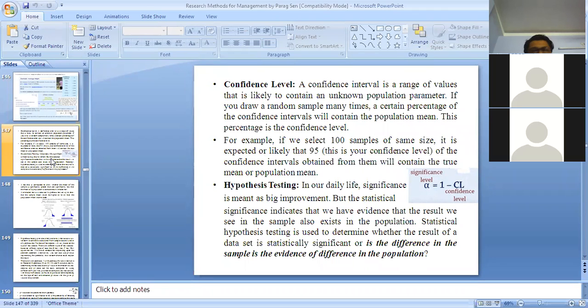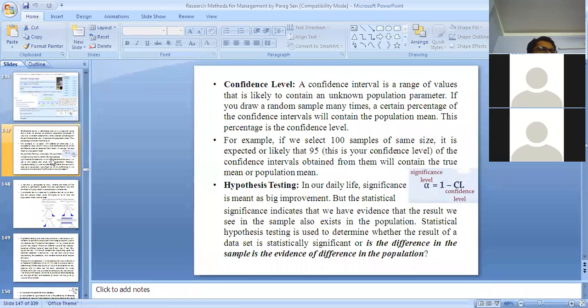Suppose you are testing the relationship between environmental proactivity and financial performance. You can make a null hypothesis that there is no relationship between environmental proactivity and financial performance, and your alternative or research hypothesis would be that there is a relationship between environmental proactivity and financial performance.